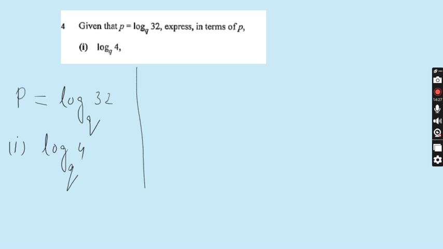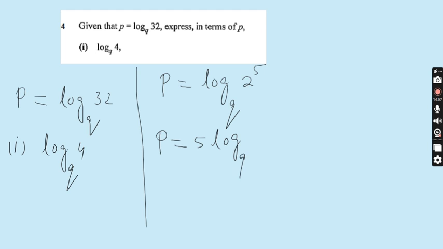Take this given value p is equal to log q 32. This 32 can be written as 2 power 5 because you know 2 power 5 is 32. Then p is equal to, apply the law, power can be written before the log, so it is 5 log q 2.